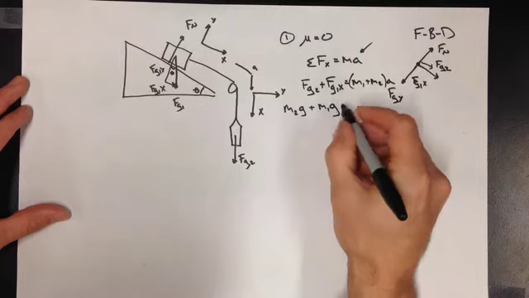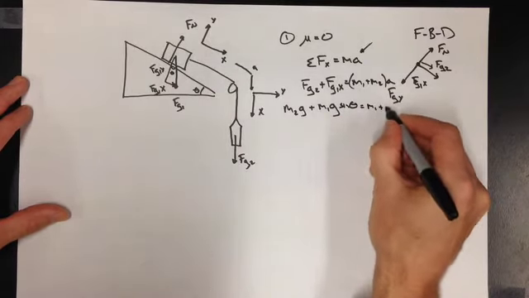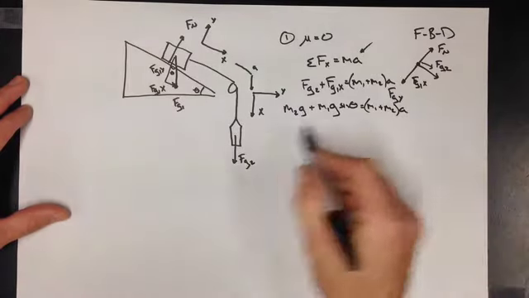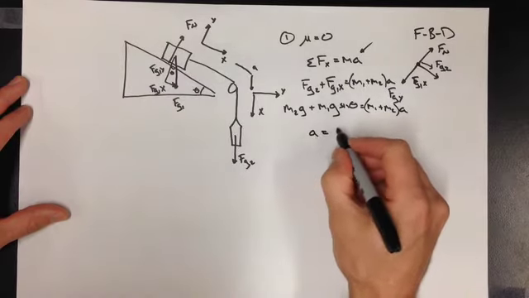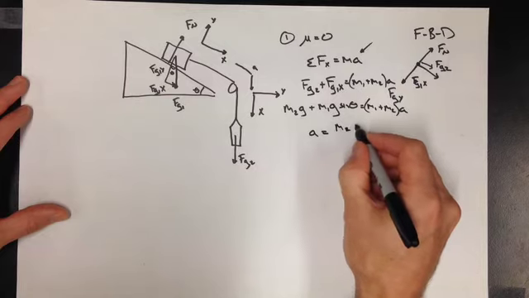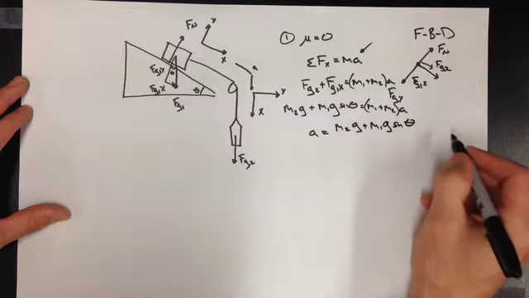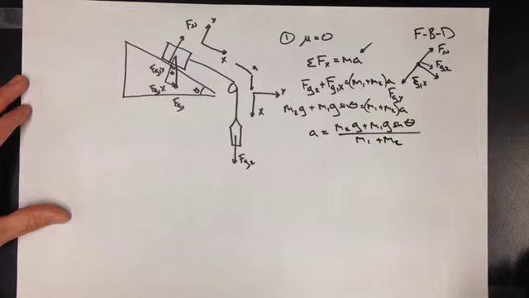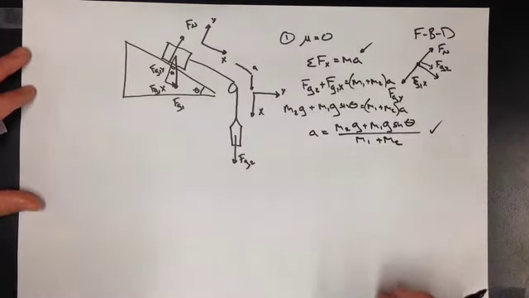So that's the opposite side, so sine theta is equal to m1 plus m2 times a. We're solving for a, so we just isolate a. So then a equals m2g plus m1g sine theta all over m1 plus m2. So there, I've solved the first section of this problem.